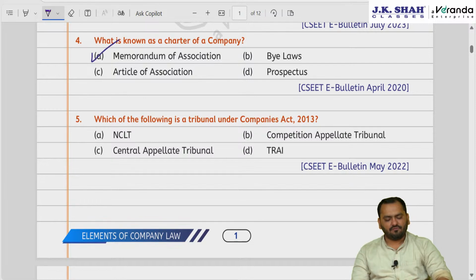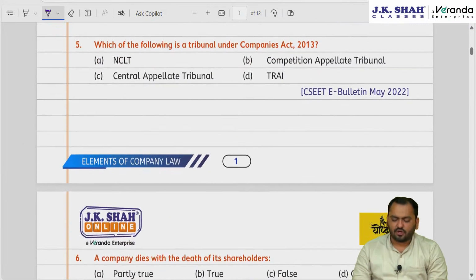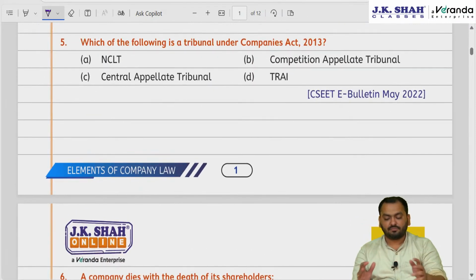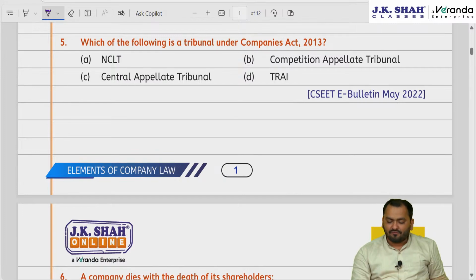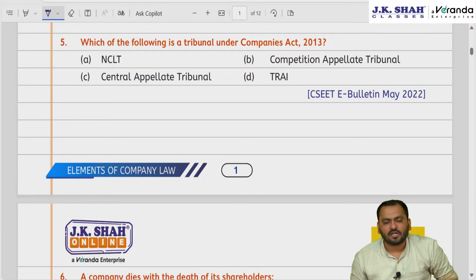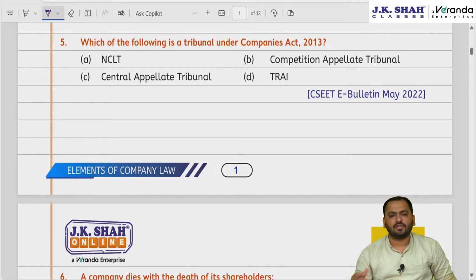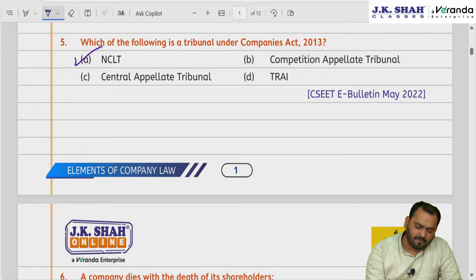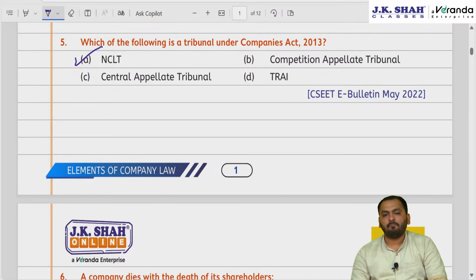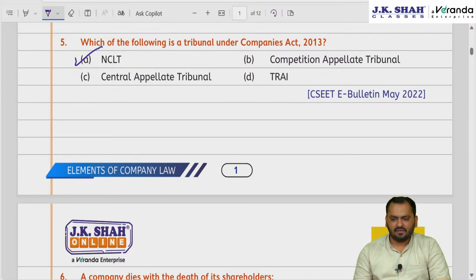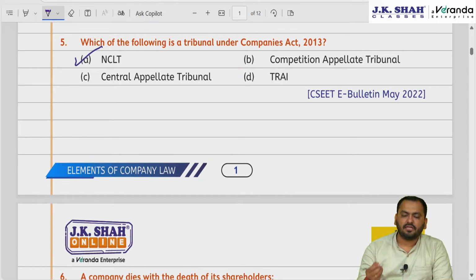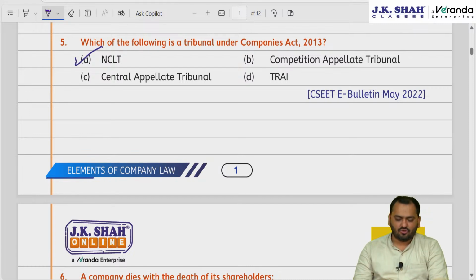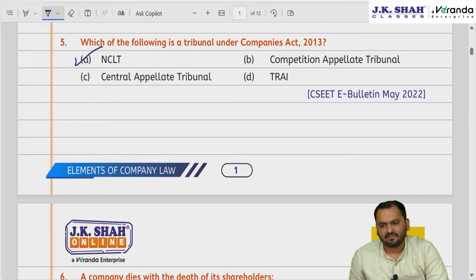Yes, we move to the next one. Which of the following is a tribunal under the Companies Act 2013? So friends, as you know, all the company law matters are referred to which adjudicating authority? So the answer is obviously NCLT, that is National Company Law Tribunal. I repeat, National Company Law Tribunal. So the answer is option A, NCLT.